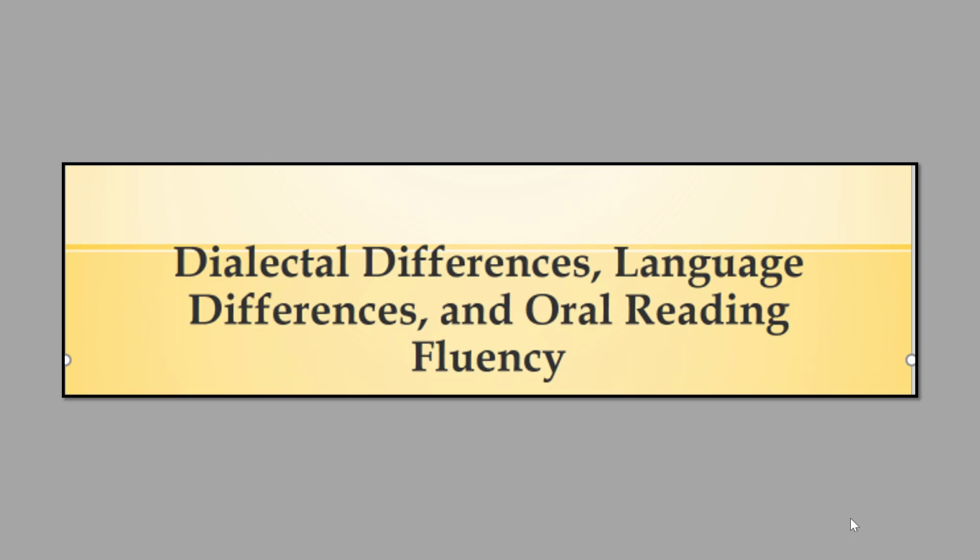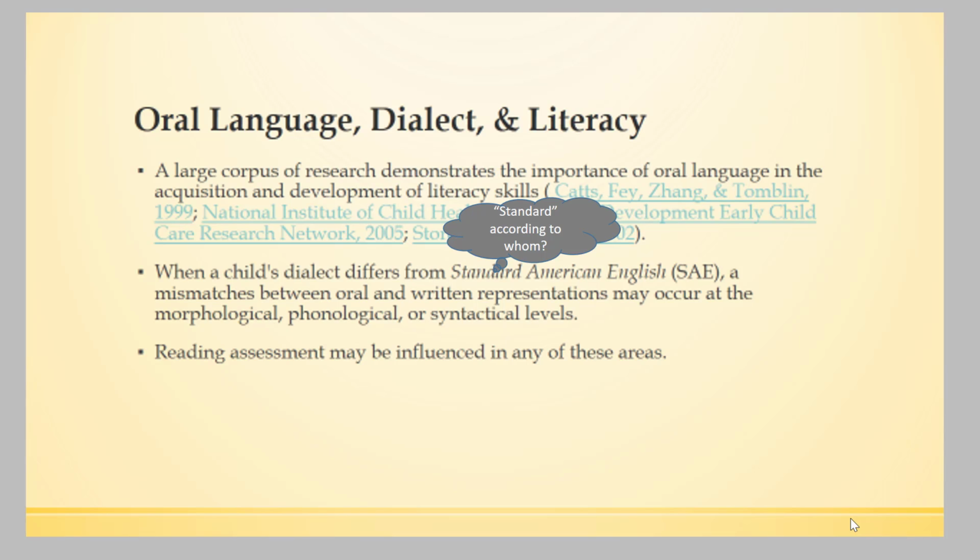When thinking about scoring oral reading behavior, it's important to be sensitive to and pay attention to dialectal differences and language differences. There's a large body of research that shows a connection and emphasizes the importance of oral language in the acquisition and development of literacy skills.